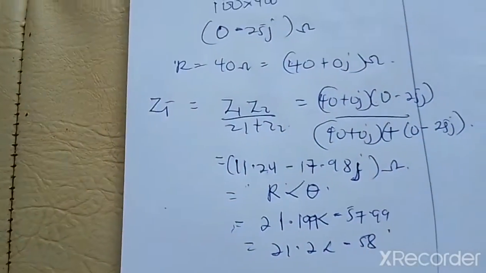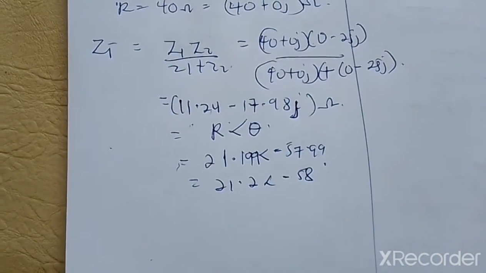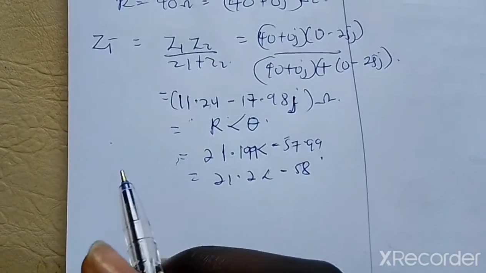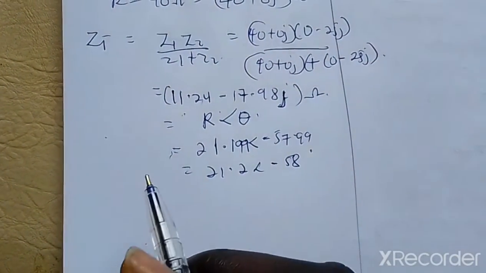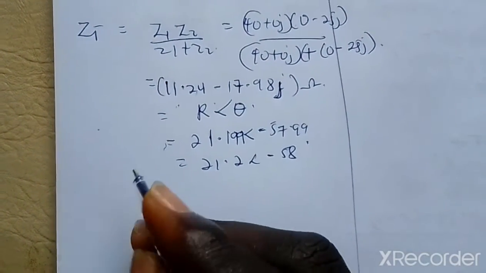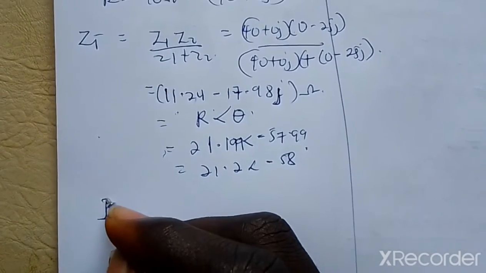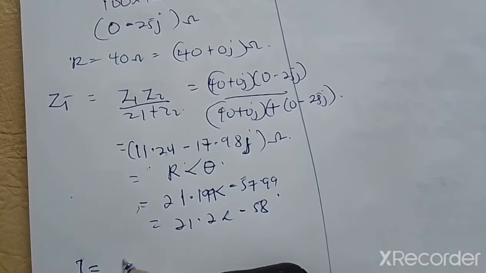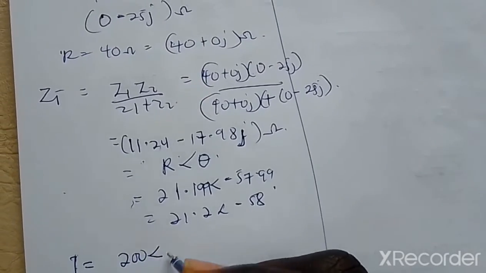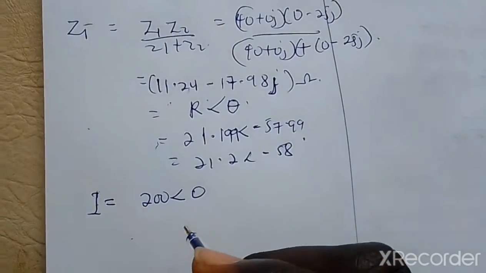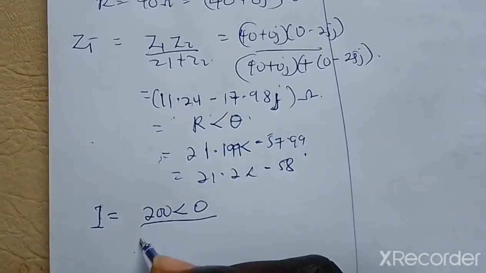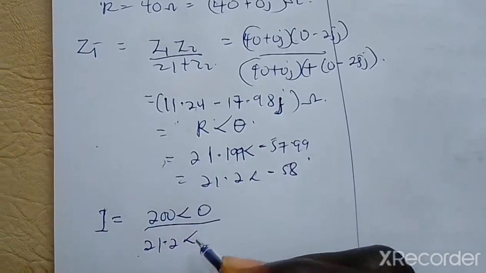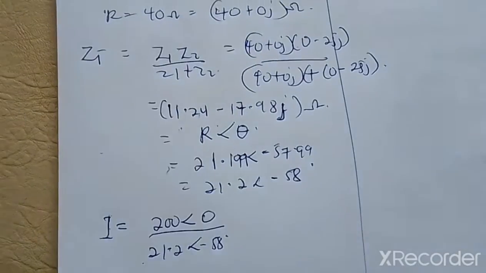So to move further, you are going to have your voltage. Our current, as the question is saying, the supply current I will be equal to 200 angle 0, we use the voltage as always angle 0, over 21.2 angle negative 58 degrees.